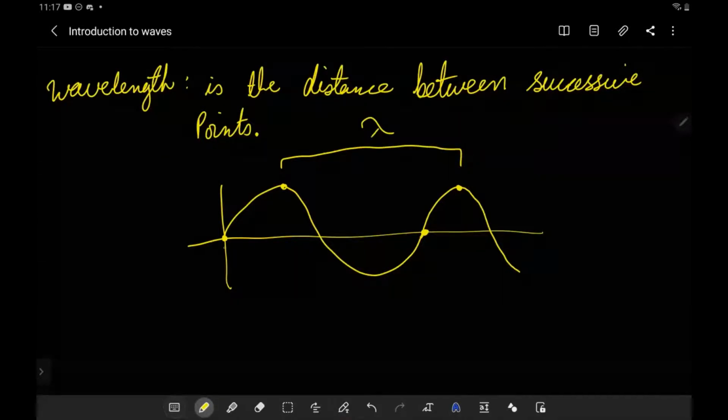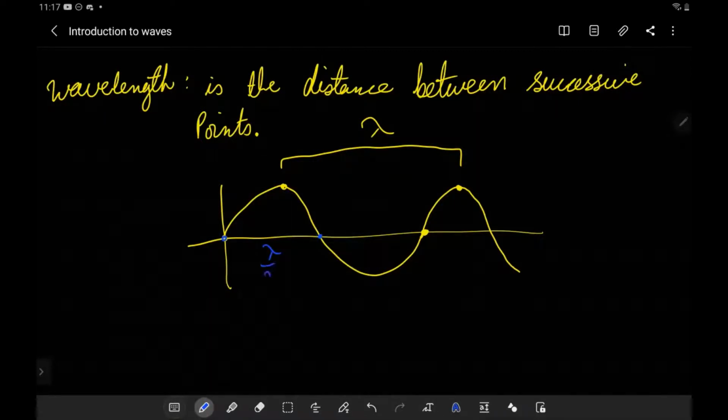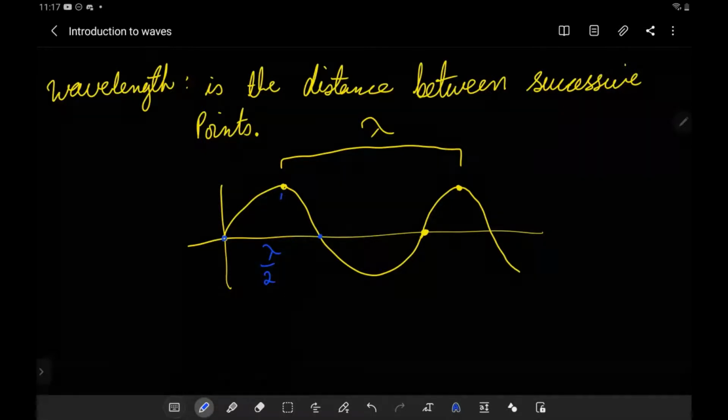This distance right here is a half of a wavelength, so from here to here is a half wavelength. From here to here is a half wavelength as well, because we are halfway through the wave.